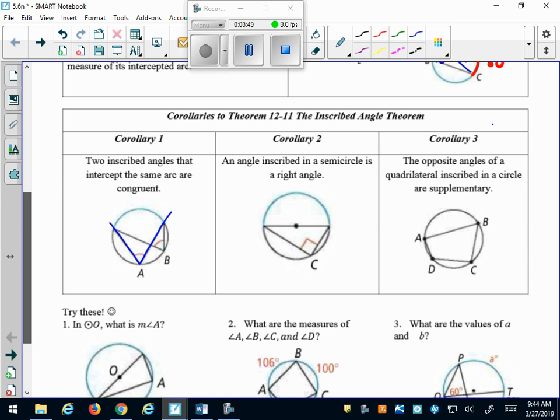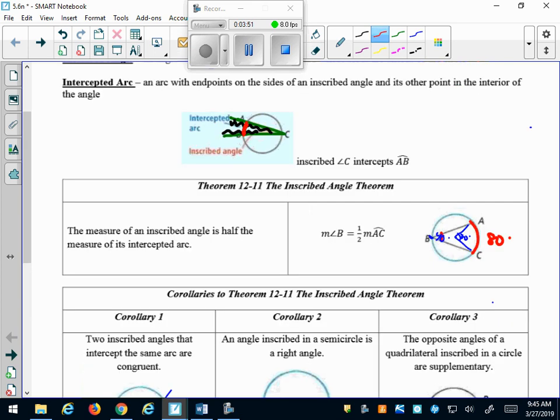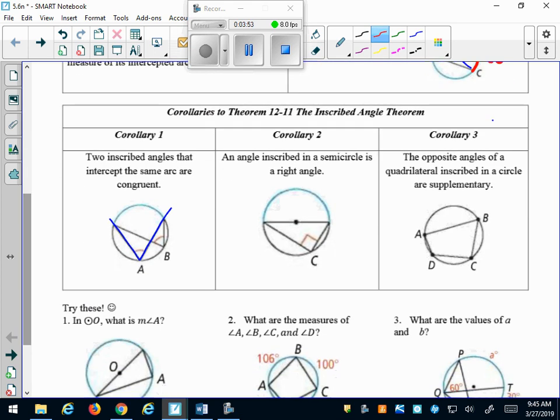where's the intercepted arc of that angle? Right there, right? Well, now look at this angle. What's the intercepted arc of that angle? Same arc, right? So it says if two inscribed angles intercept the same arc, then these two angles have to be congruent.